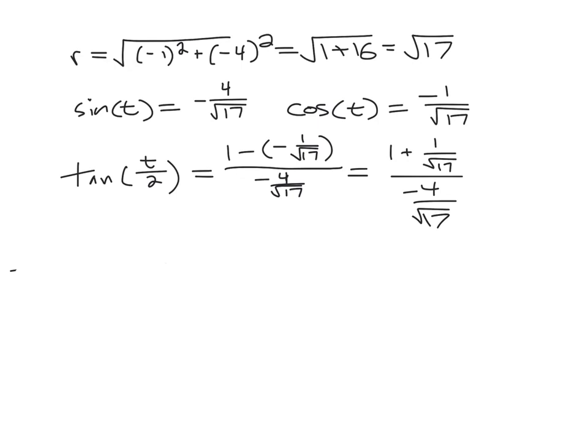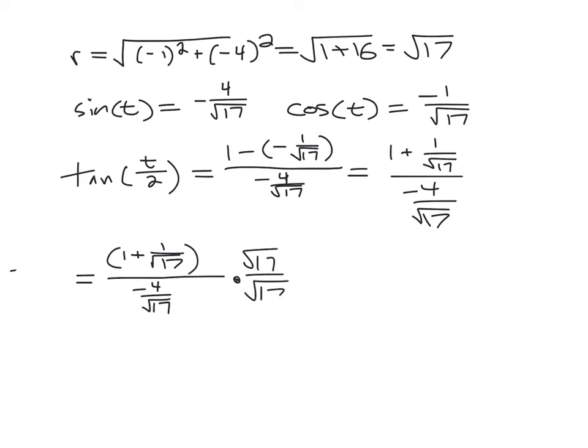That's a compound fraction, which means we want to multiply the numerator and the denominator by whatever is in the denominator. So it's 1 plus 1 over the square root of 17. To get rid of that denominator, we have to multiply both top and bottom by the square root of 17. So this actually isn't really rationalizing.